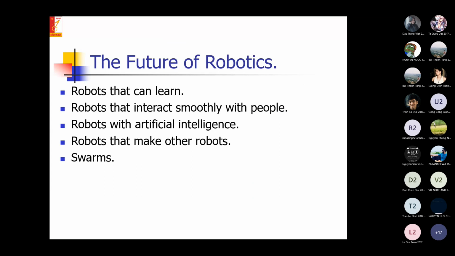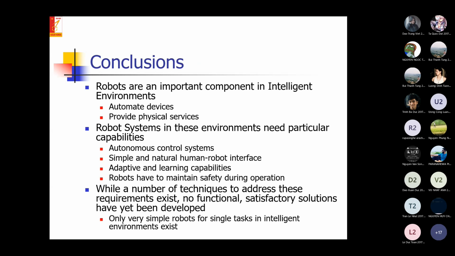So maybe in the future, robots can learn, can interact smoothly with people, and robots have artificial intelligence, and robots can work with other robots. So in conclusion, robots are important components in the intelligent environment, not only in industries, but also in our daily life.